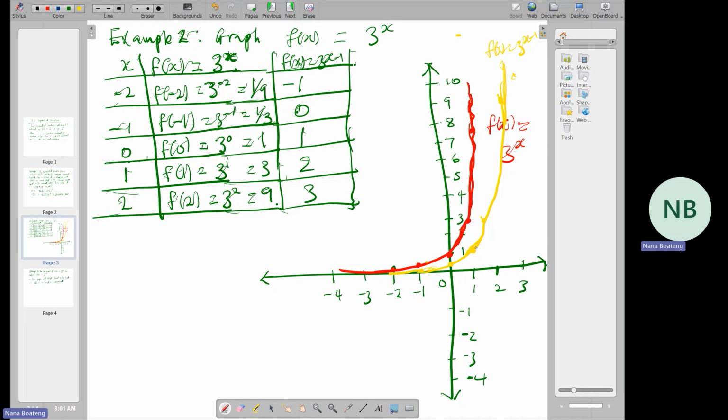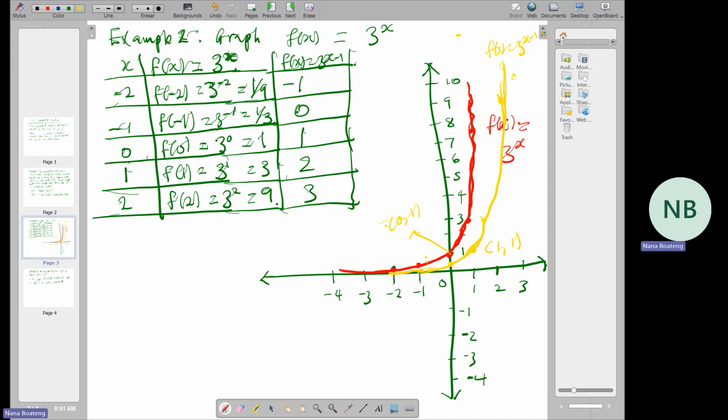For example, this point here is 1, 1, and in the previous graph, x was 0 and y was 1. So it's shifted by 1.